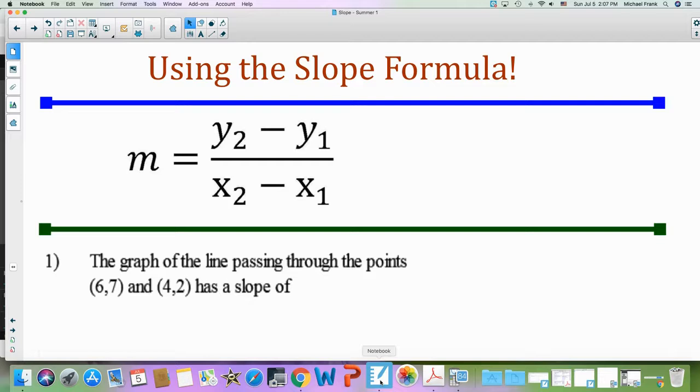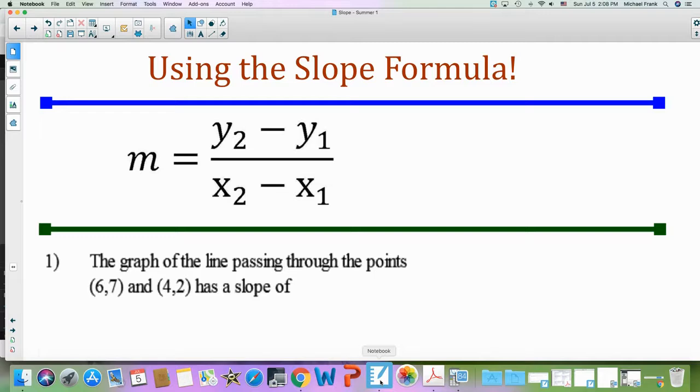Because we use the slope formula when we are determining the slope or the average rate of change given 2 points. So therefore, we need to be able to differentiate which are the x and y of the first point and which is the x and y of the second point.